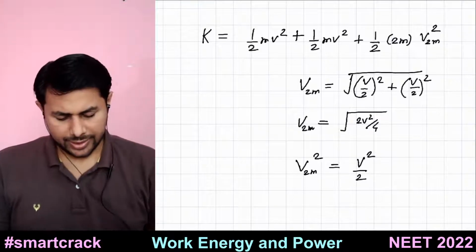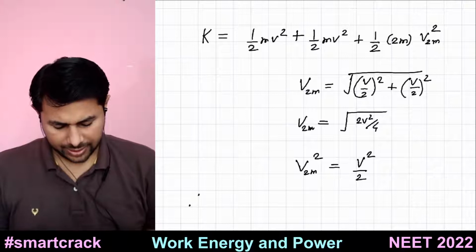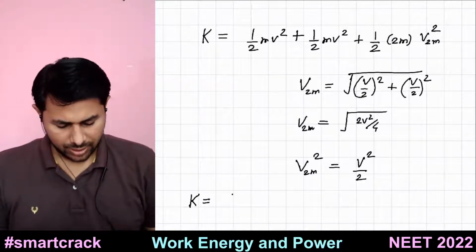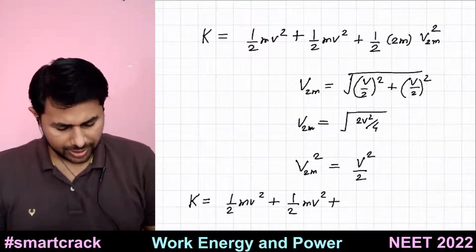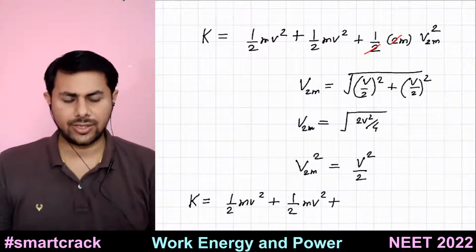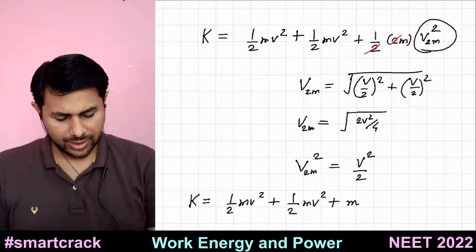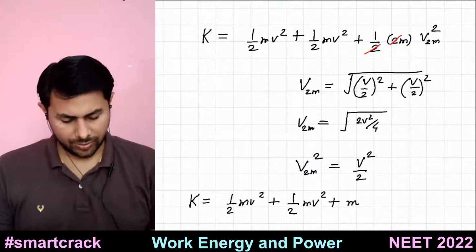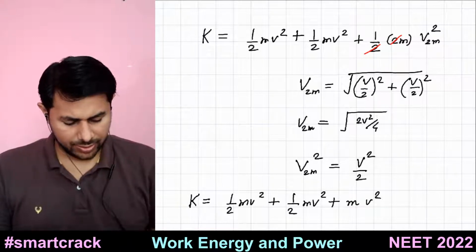Okay, then let's substitute it over here. So what do we get? Kinetic energy equals half of m into v square plus half of m into v square plus, this 2 and 2 get cancelled, so it is m times v2m square, and we just found v2m square: it is v square upon 2.